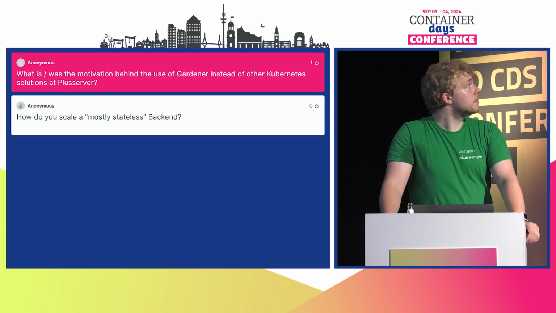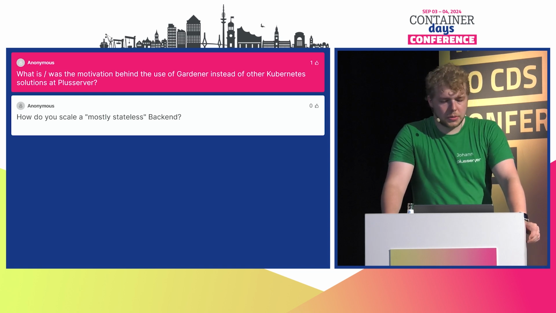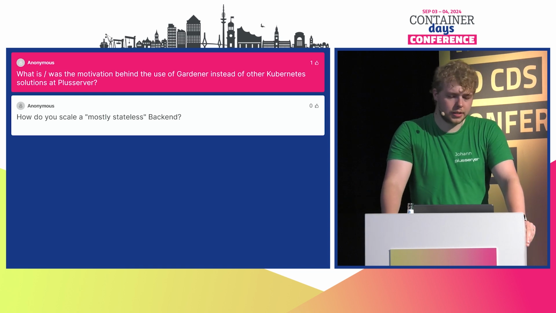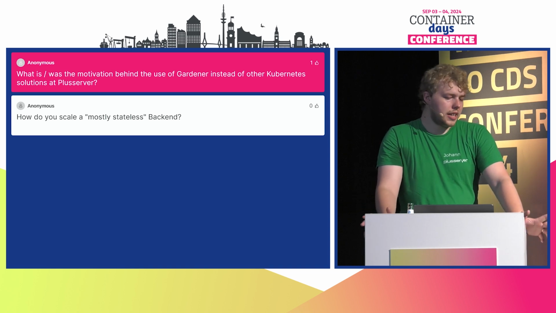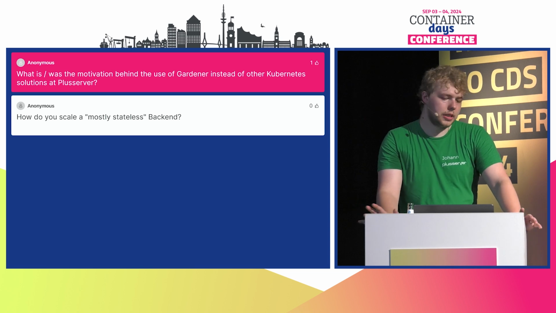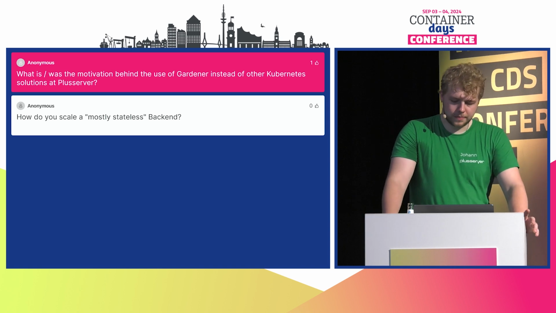Okay, and what was the motivation behind the use of Gardener instead of other Kubernetes solutions at plusserver? So we looked at a couple of solutions when we first started out with Gardener, about 2.5 to 3 years ago. And of course, the open source aspect of Gardener is a big plus for us, even though SAP is currently still the biggest contributor to the project.